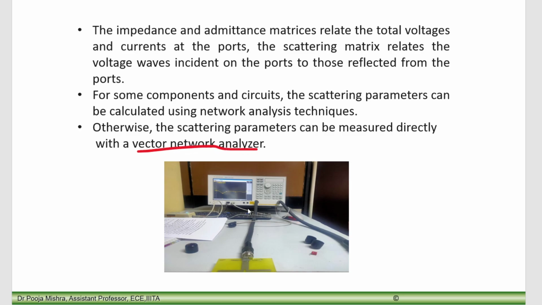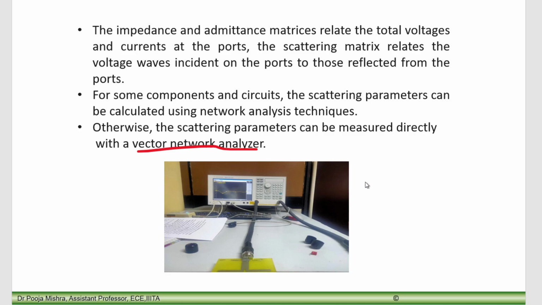This is a vector network analyzer, through which you are able to measure the network behavior at various design frequencies. You see the antenna is connected over here and it is showing some characteristic here. In our department, we have a network analyzer.